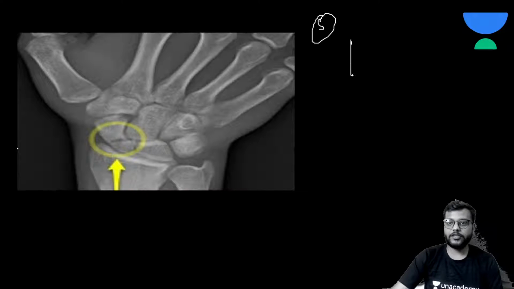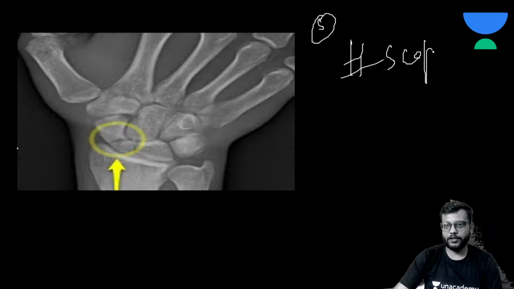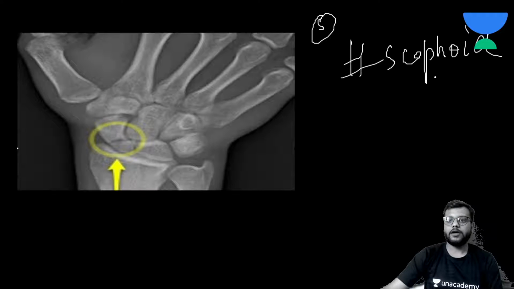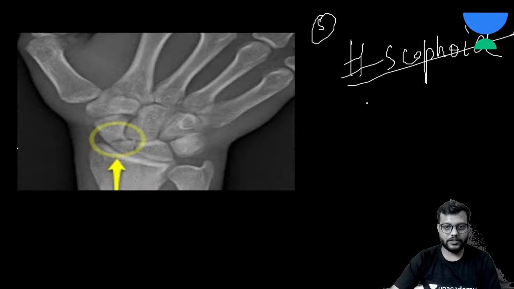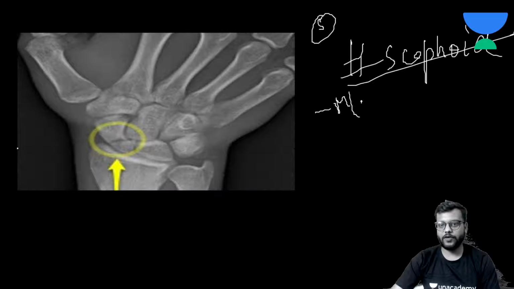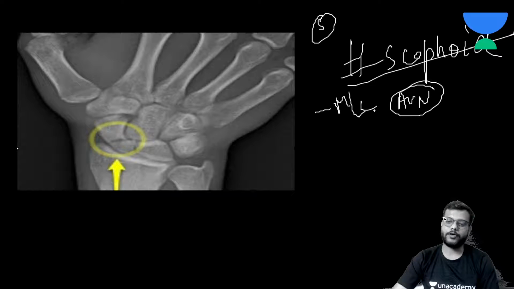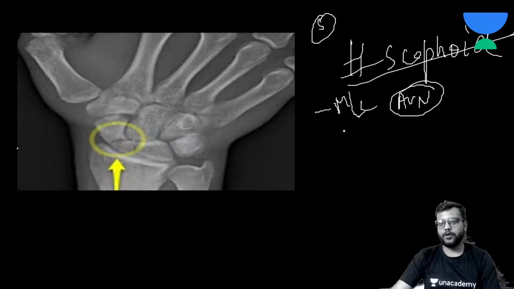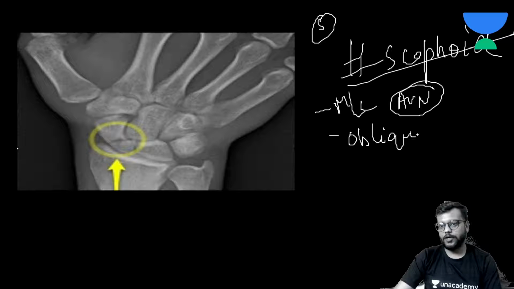Okay, so this is fracture of scaphoid. Okay, so काम की चीज क्या है इसमें? First of all, most common fracture of carpal bones. Okay, most common complication is avascular necrosis and very important complication. Okay, not readily noticed. Okay, and we require an oblique view.